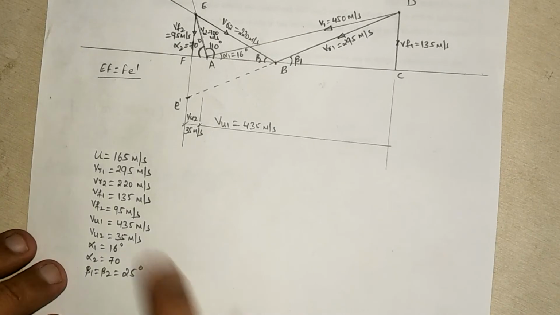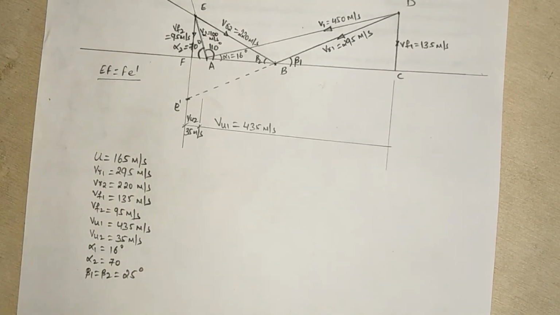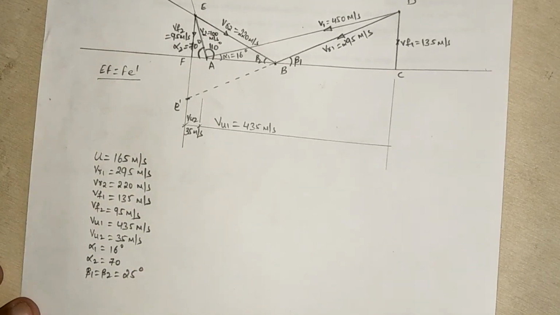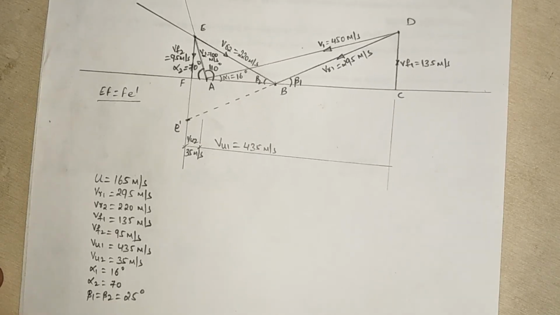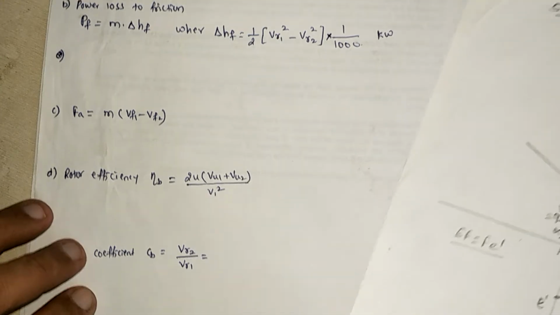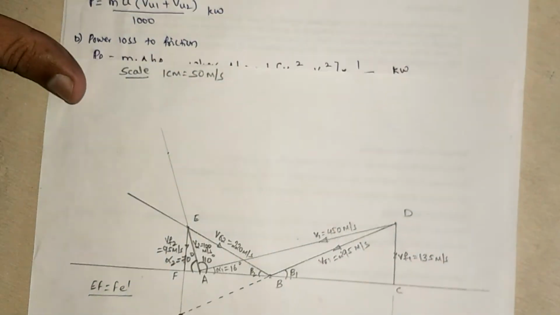Now we will substitute these values. There are 5 unknowns, so we need to calculate those. I have listed the formulas here. These are the values of the velocity triangle.